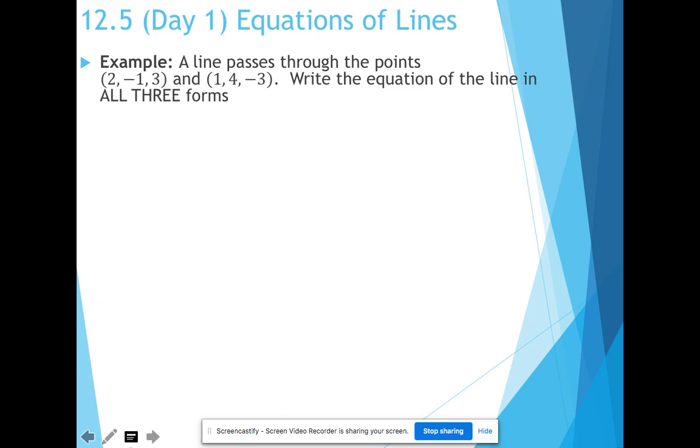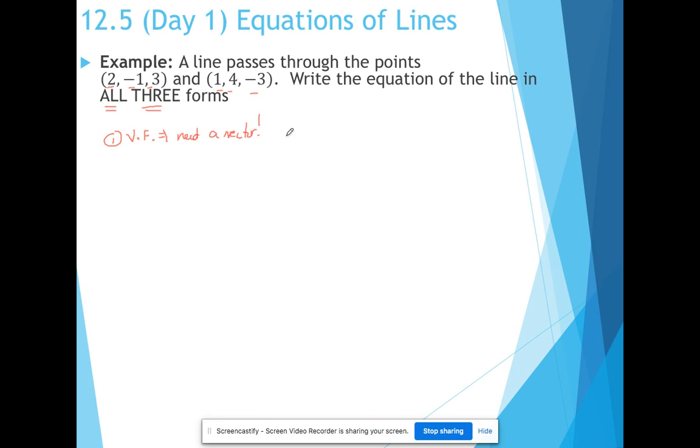Let me do an example here. If a line passes through these 2 points, write the equation in all 3 forms. Okay, so let's start with the vector form. Well, vector form, I need a vector, and I need a vector from the origin. So we're going to use something from the very beginning.